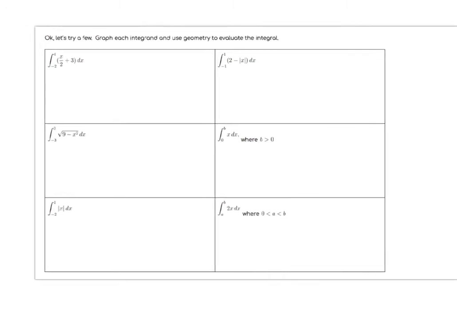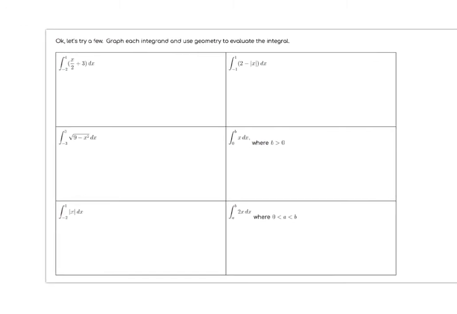Okay. So one of the things that we mentioned was that this notation, I'm going to just use this. So the integral from a to b of f of x is equal to the area under the curve between x equals a and x equals b.